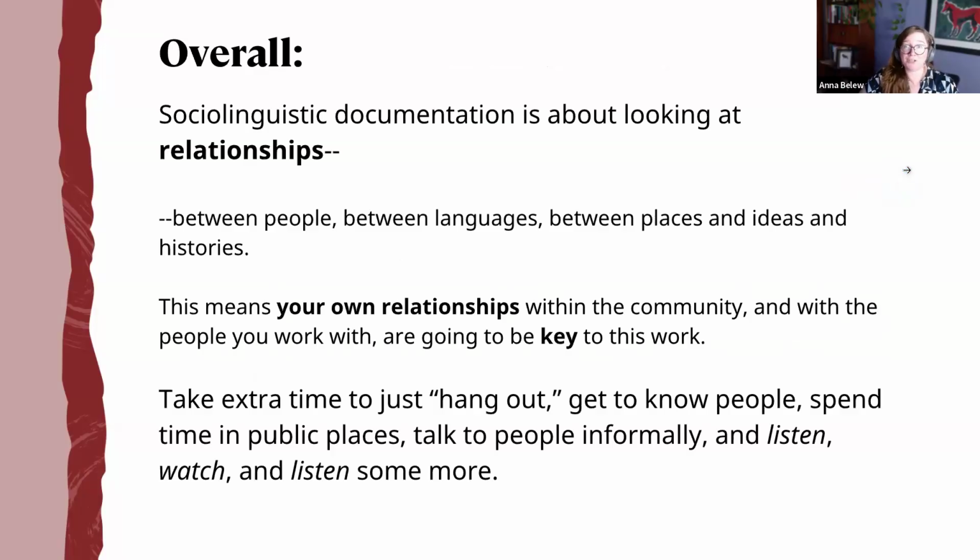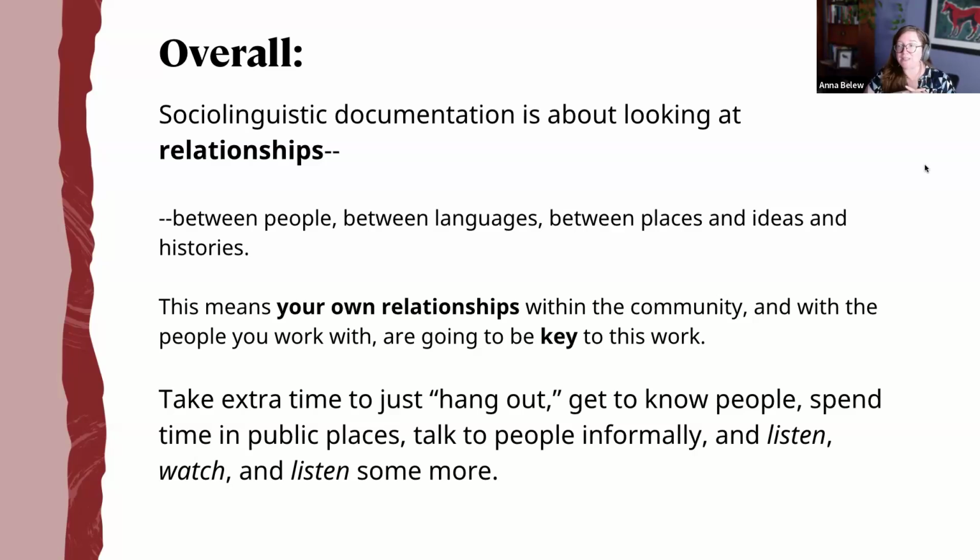All right, so just to wrap up and make sure that we have lots of time for questions, I just want to reiterate that sociolinguistic documentation, like most parts of language documentation, is all about looking at relationships, right? We're looking at relationships between people, and relationships between people and languages, as well as places, geographic areas, ideologies, identities, histories.